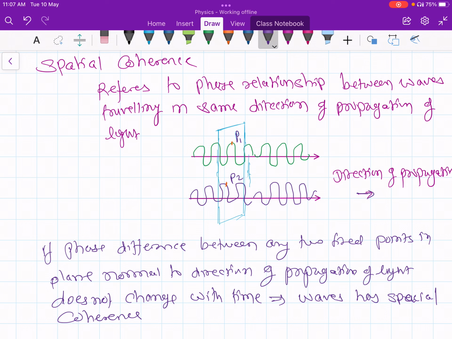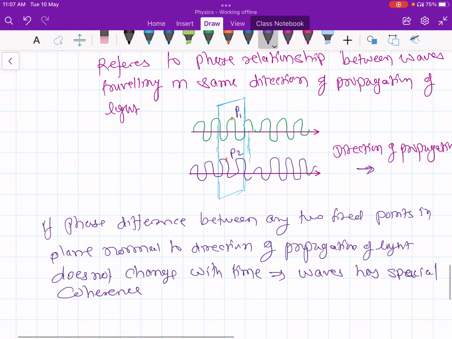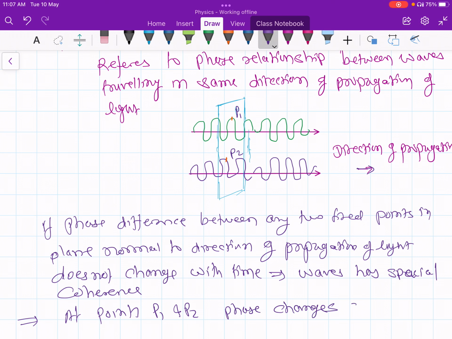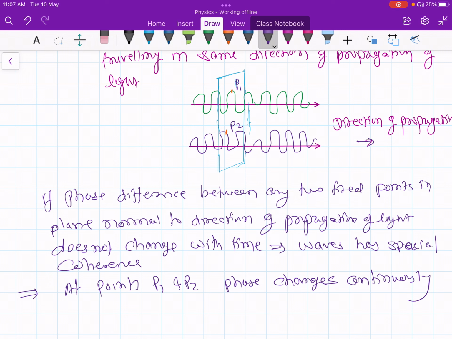So spatial coherence is in the transverse direction to the direction of propagation of the light. Now in this case, consider these points P1 and P2. At points P1 and P2, the phase changes continuously as the waves are propagating through these points. The phase changes continuously, but the phase difference remains constant, and that is nothing but having spatial coherence.